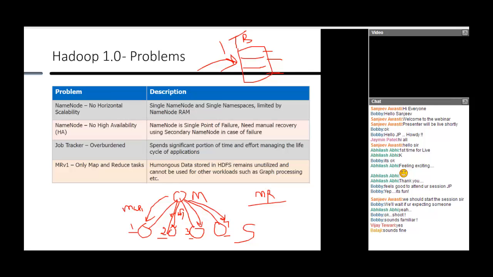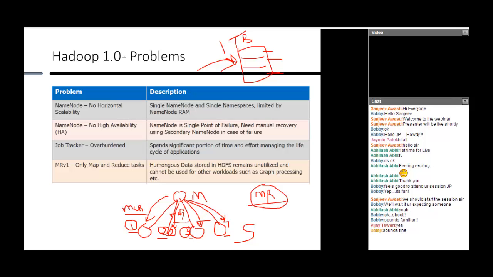Many of your problems in data structures, people used to solve using this particular strategy. A similar strategy is applied when you execute a MapReduce program. Hadoop divides your MapReduce program into small tasks and lets each task work on the individual part of the data which is stored on different data nodes.